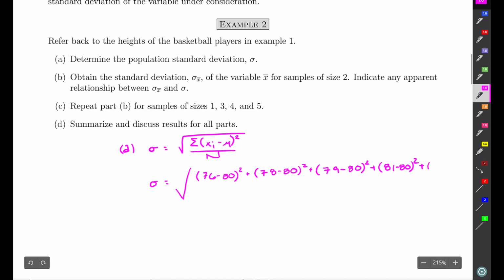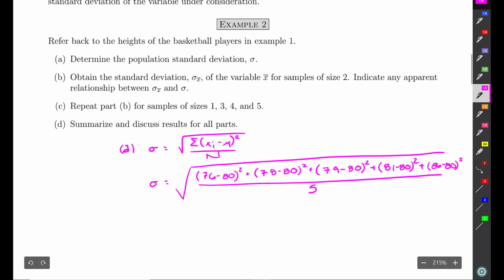And then player 5. And then we divide that by the size of our population, which is not n, it is 5. And we type that in the calculator, and we get sigma is 3.41 inches. So there is our standard deviation of the population.